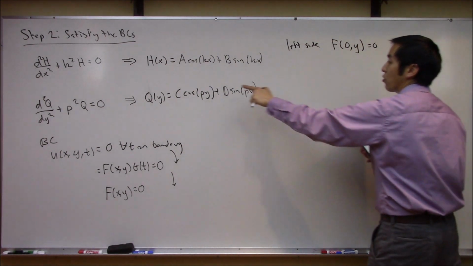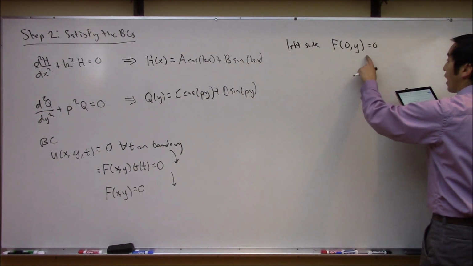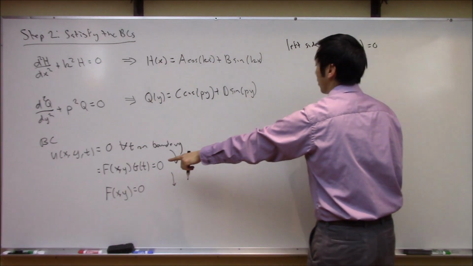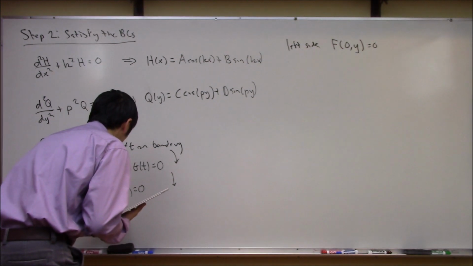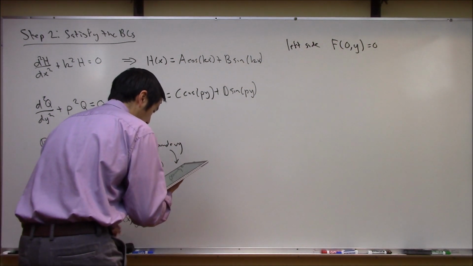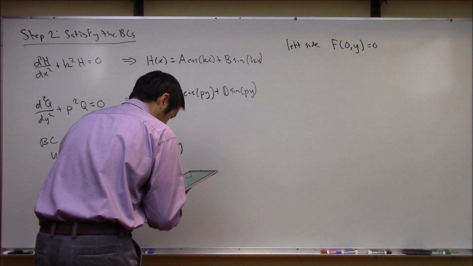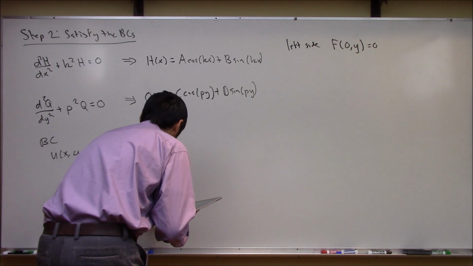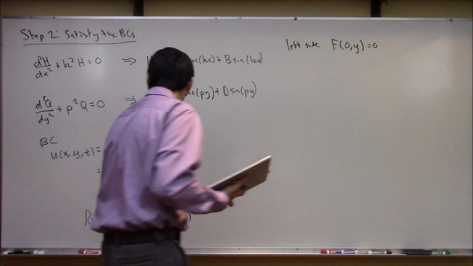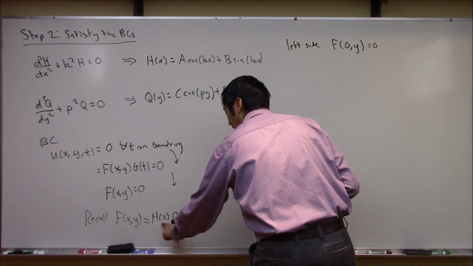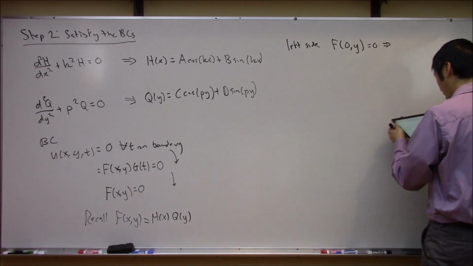We should have mentioned that for our f function, we did another separation of variables, and we said f is the product of h of x and q of y. So f at x equals 0 means h at x equals 0 times q of y has to equal 0.